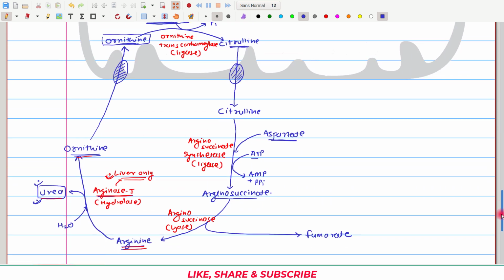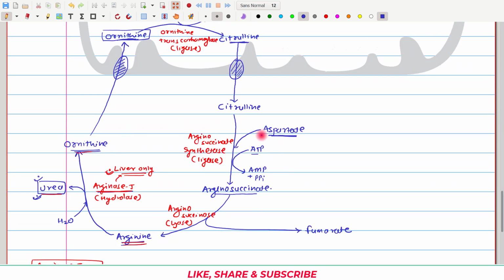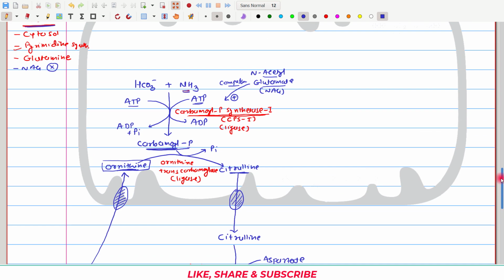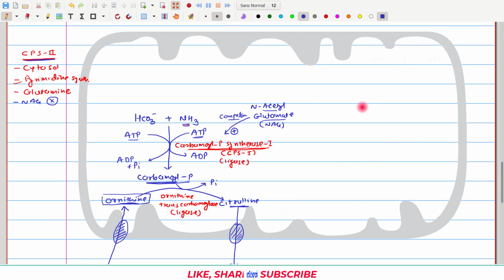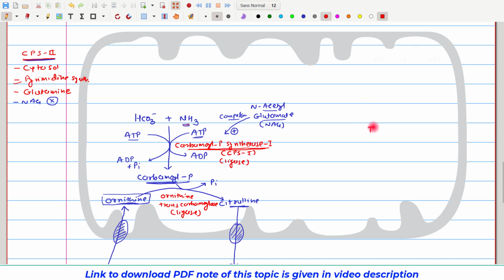Now, this urea cycle is interestingly connected to the TCA cycle. See, inside the mitochondria, there is one more important cycle going on, that is the TCA cycle or Krebs cycle. In the TCA cycle, we know that the starting material is oxaloacetate.